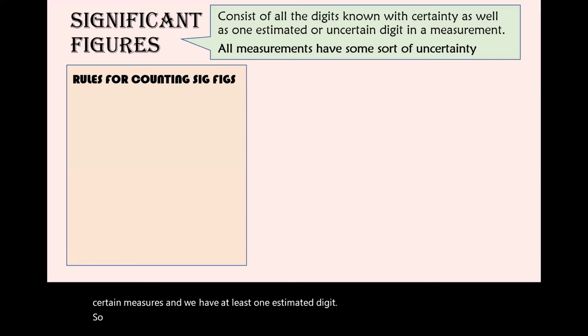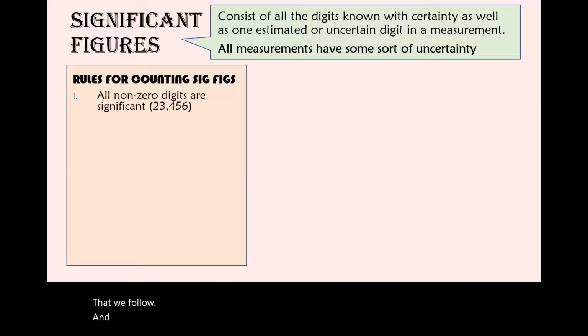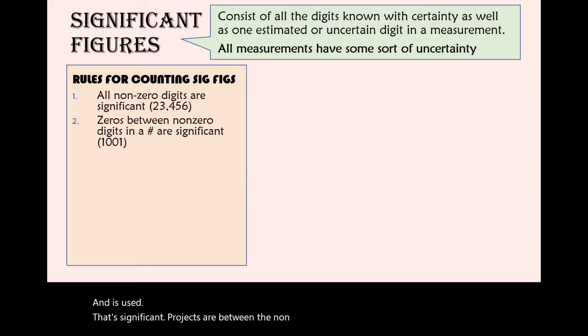So there are some rules that we follow if we are trying to count the number of significant figures in any given measurement. The first rule is that any non-zero digits that you see are always significant. Any zeros that you see between the non-zero digits are also significant.